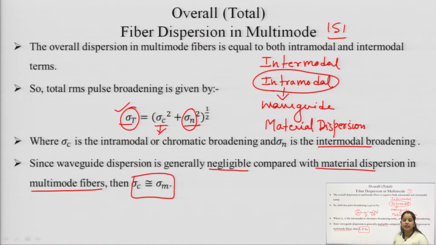In multimode step index fibers, the waveguide dispersion is negligible, so the overall intramodal dispersion can be represented by the material dispersion.